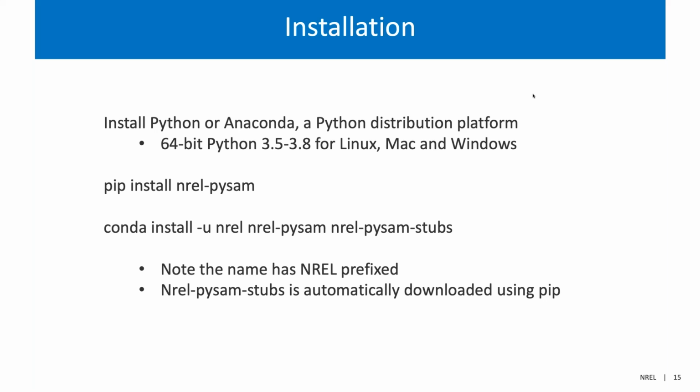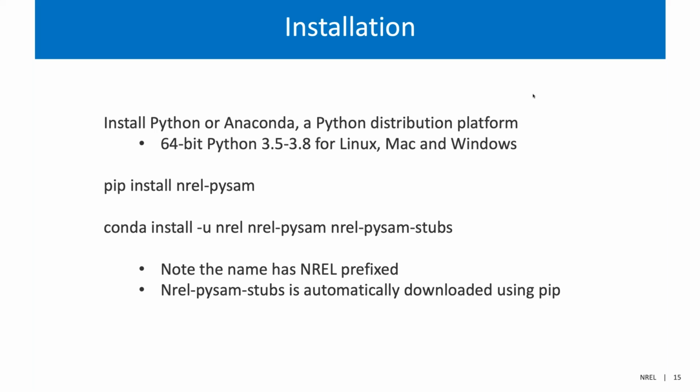PySAM requires 64-bit Python version 3.5 to 3.8, and it's available for most Linux distributions, Mac, and Windows. You can install the package from pip, PyPI, or conda using pip install nrel-pysam or conda install -c nrel nrel-pysam, nrel-pysam-stubs.